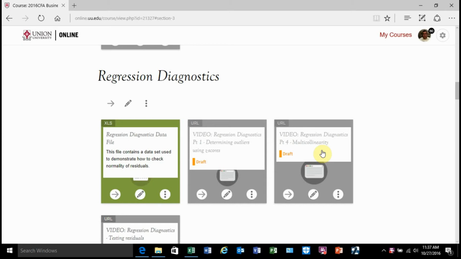Multicollinearity is when you have independent variables, your x's, that are so closely related that when one changes, the other one changes also. If that exists, you should not have them both in a regression model, because in a regression model, one of the assumptions is that they are not related, they are independent.